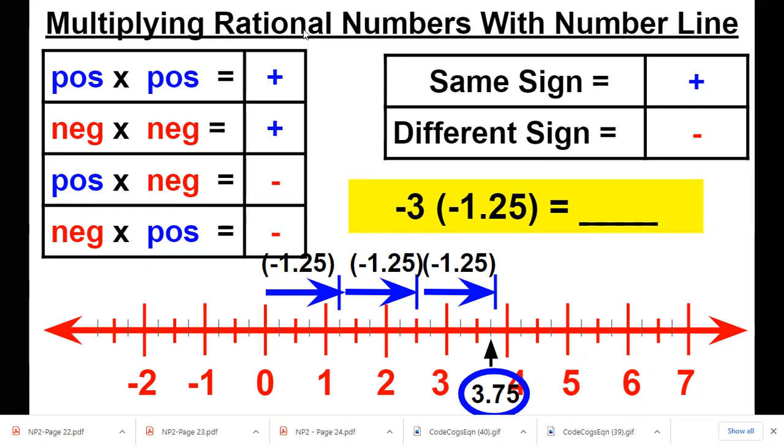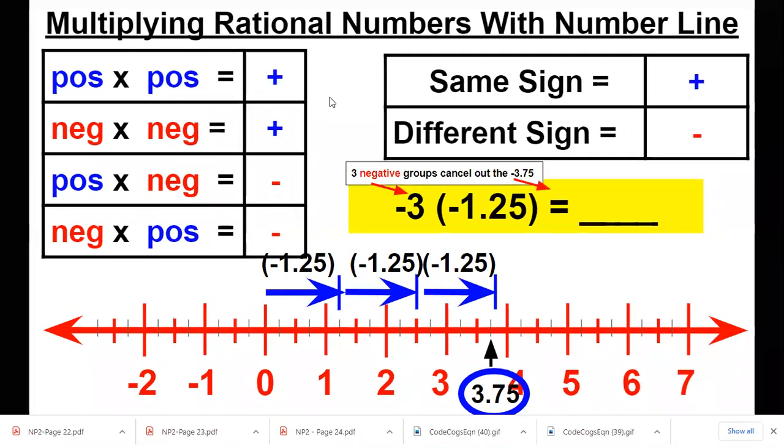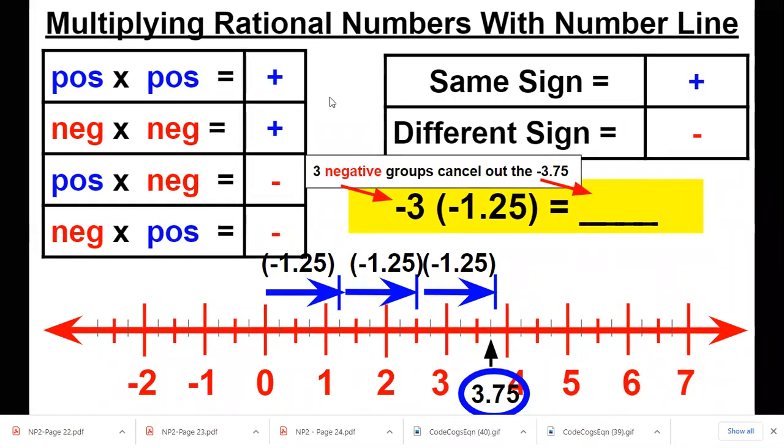They're both negative signs, right? Negative times a negative was going to give you a positive as pictured on our number line. So the answer is positive 3.75. So the 3 negative groups will cancel out the negative 3.75, giving us the positive 3.75.